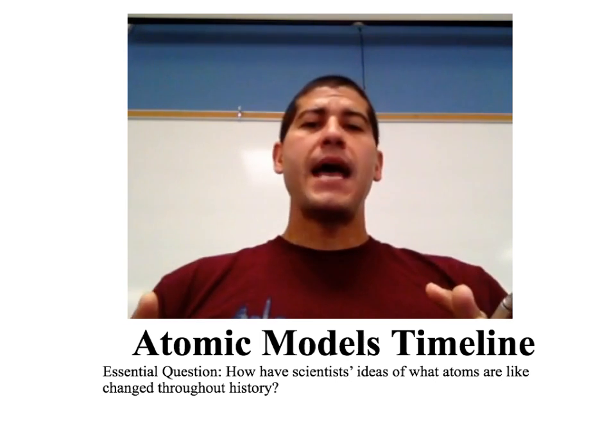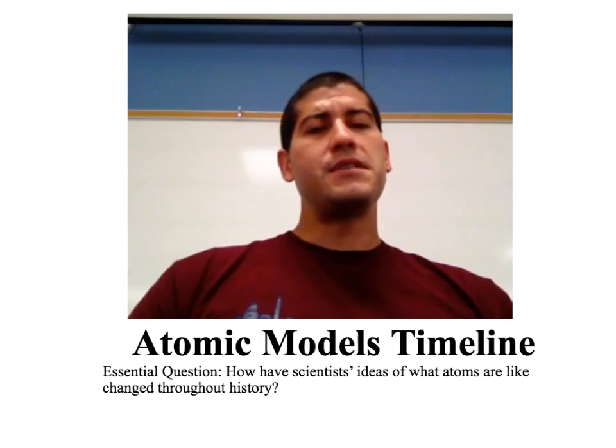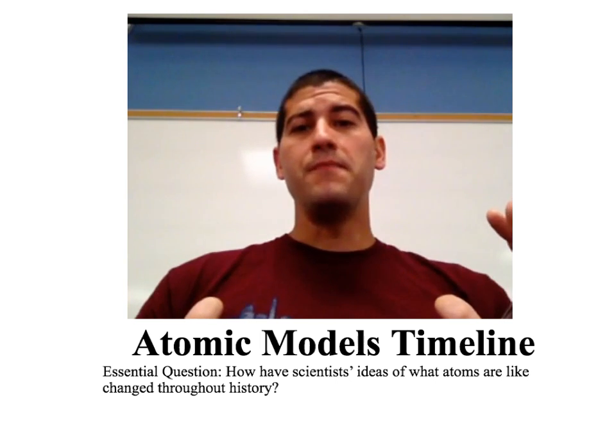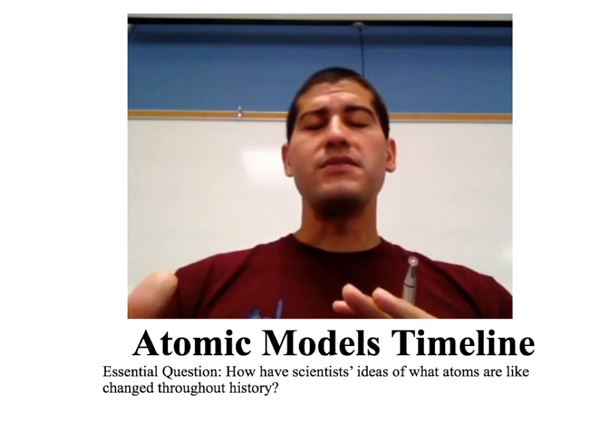Every model has some advantages or ways of helping us understand the real thing better, but it also has limitations. For example, if you're trying to learn about the size of the Pacific Ocean, a globe can help you understand that better because you can see it in comparison to the continents and the Earth in general.